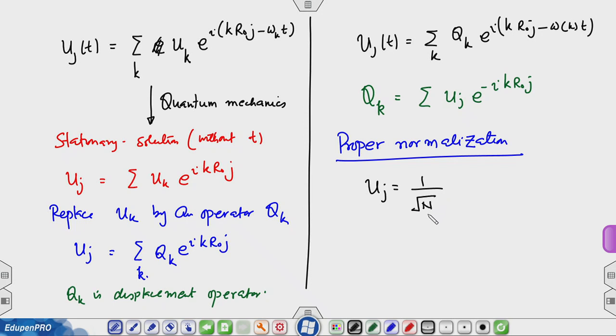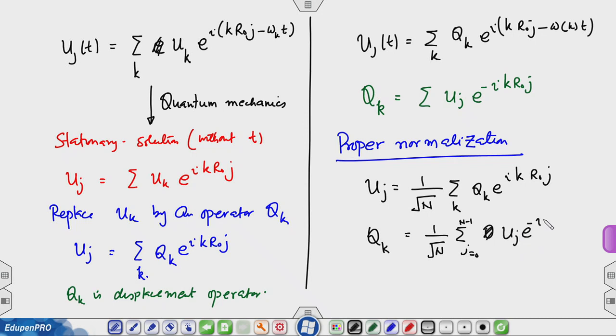So, it is clear that I am doing periodic boundary conditions over a cell of n cells, summation k q k e raised to i k r naught j, and inverse Fourier transform q k is 1 over root n summation over all these sites j varying from 0 to n minus 1 u j e raised to minus i k r naught j.